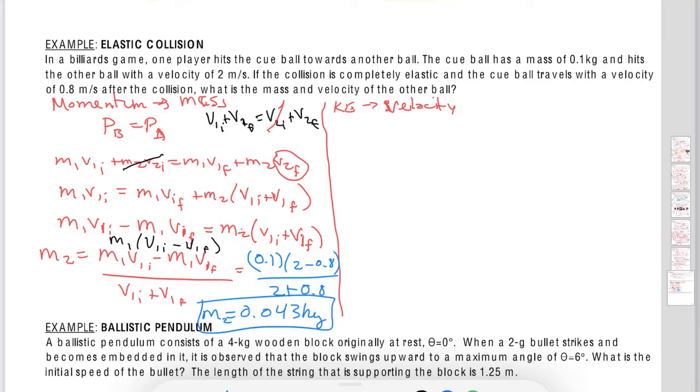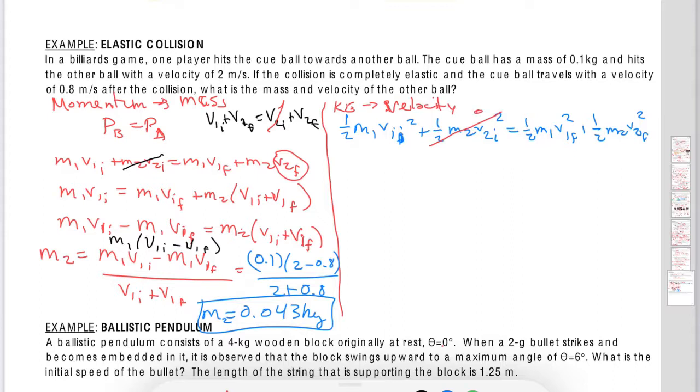Now we're going to go to the energy side and find the velocity. So 1/2 M1 V1 initial squared plus 1/2 M2 V2 initial squared equals 1/2 M1 V1 final squared plus 1/2 M2 V2 final squared. Again, V2 initial is going to be 0.